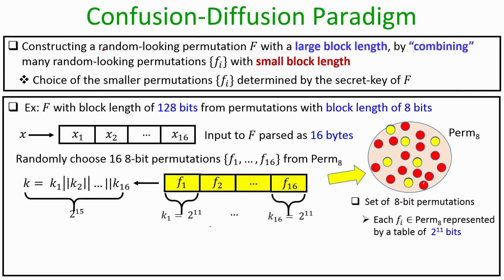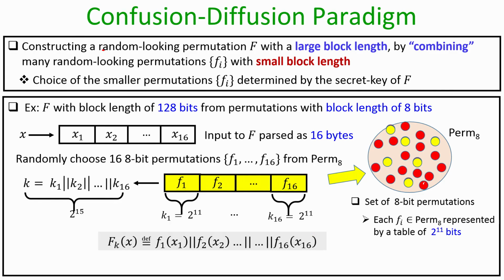If I concatenate all these strings, I obtain the overall key for the function big F. It is easy to see that the key size for the function F which we want to construct will be 2 to the power 15 bits, because each of the smaller permutations is denoted by 2 to the power 11 bits, and I have 16 such permutations. So overall the key size for the bigger permutation big F is 2 to the power 15 bits.